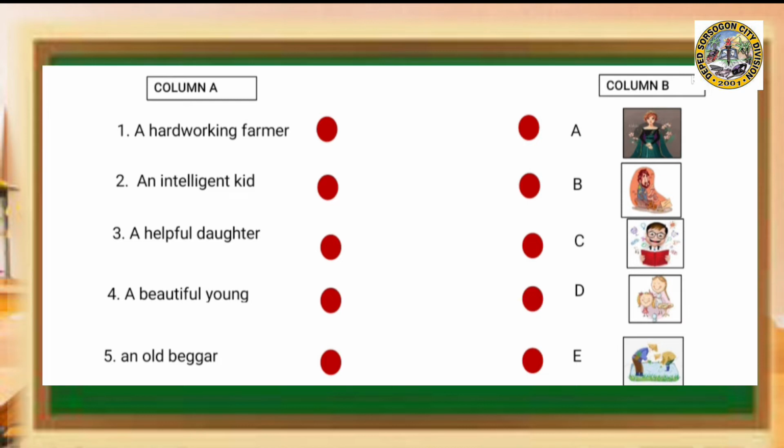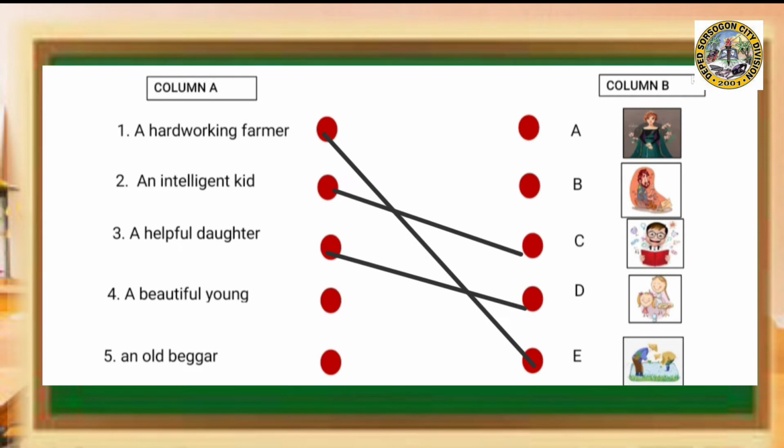Now, let's see if you got the correct answer in each number. Number 1, letter E. Number 2, letter C. Number 3, letter D. Number 4, letter A. Number 5, letter B. Who among you got 4 to 5?